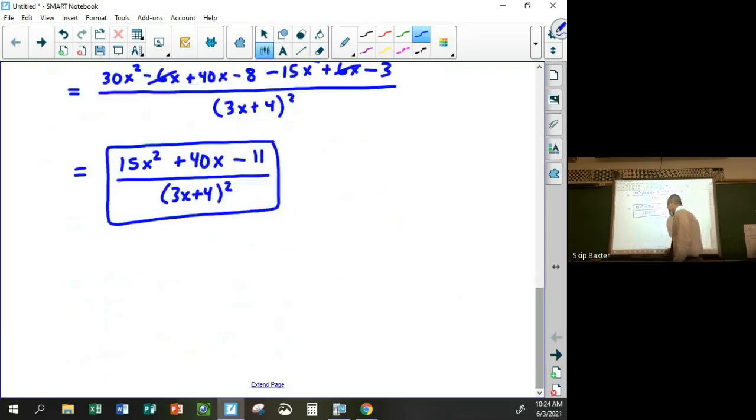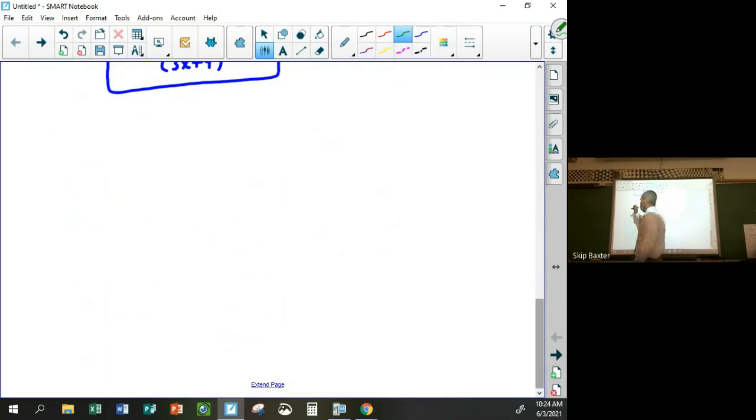You could also have a function that has a quotient involving trig functions. Like you could have something like y equals maybe cotangent x over 5x to the 4th power. And this would still work.